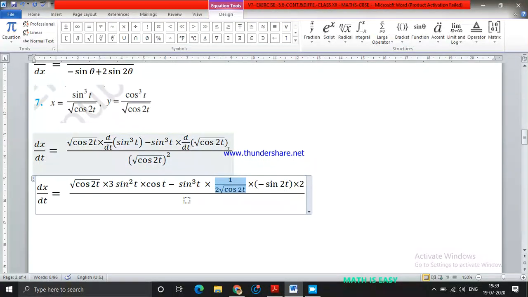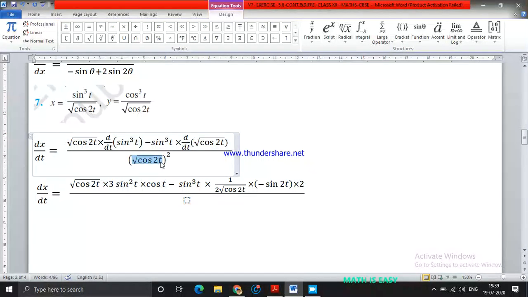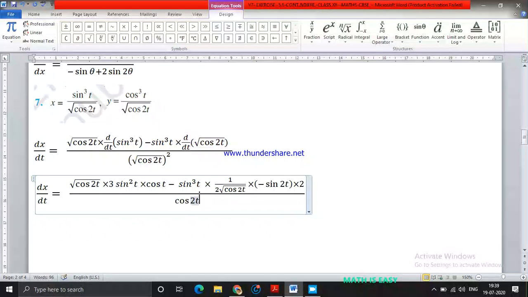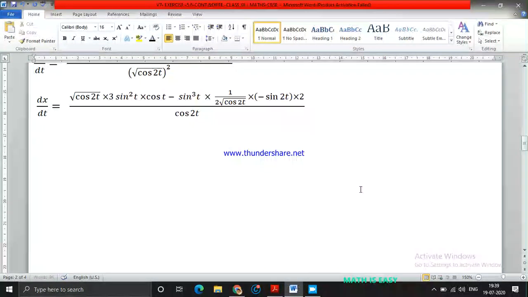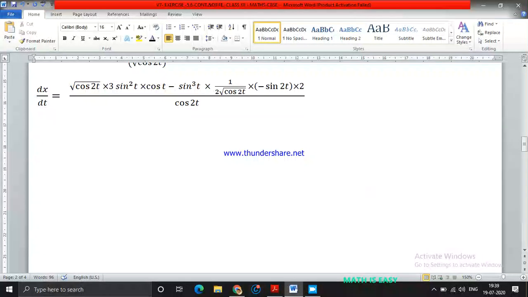Derivative of cos 2t is minus sine 2t into derivative of 2t, which is 2. So multiple things I am using here. Now this is under root in the denominator, under root cos 2t whole square. So here the root and square will get cancelled, and I am left with cos 2t only. Hope this step is clear till now.